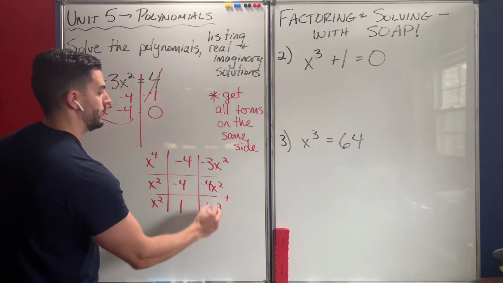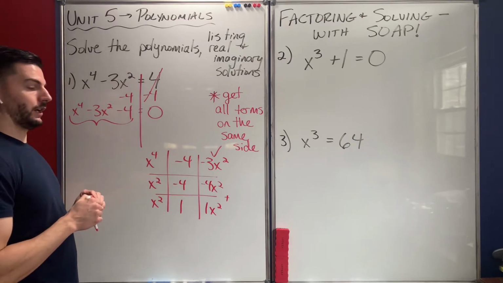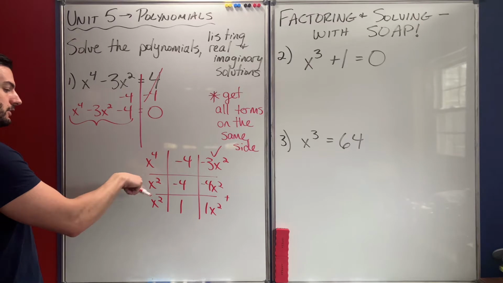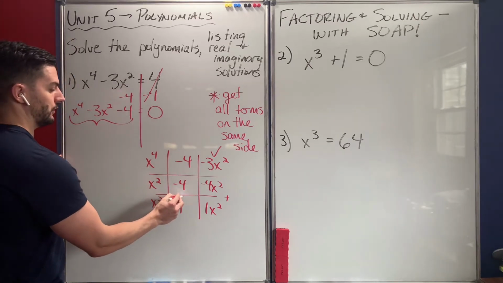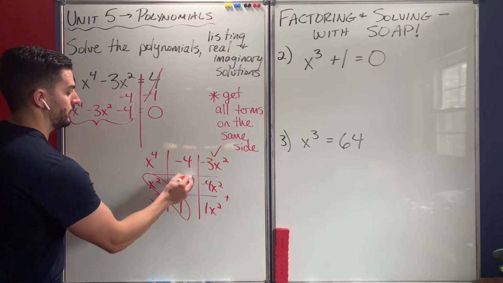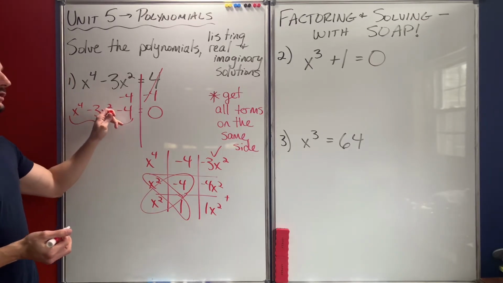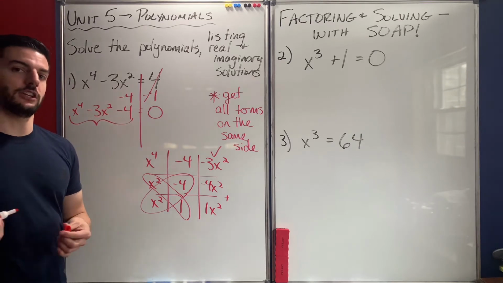When I add these up, it does add to give me this negative 3x squared. So it does check out, even though it's x squareds here. It's the same pattern, and the factoring is just the same. So just know that when you see a trinomial with, instead of x squared and x to the 1st, x to the 4th and x squared, you can factor it the same way.